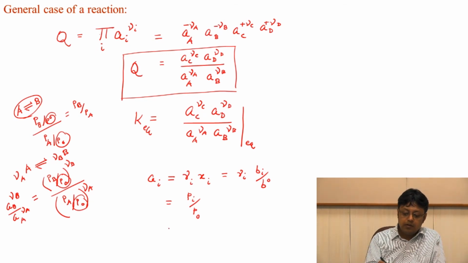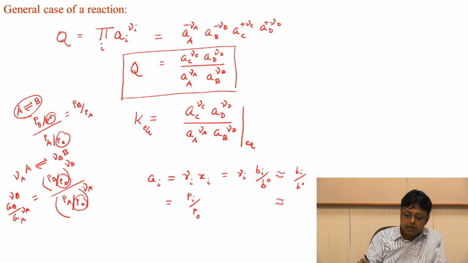And in a very dilute concentration, instead of the molality, we could also write it. So we know that for dilute concentration it will be nothing but Bi by B0. Similarly, we could also write it as Ci by C0.